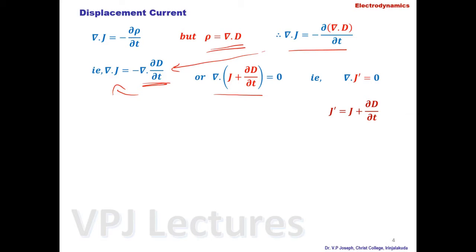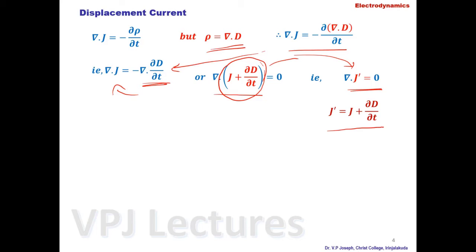And taking the terms inside the bracket as J dash, that is del dot J dash is equal to 0. So J dash is equal to J plus dou D by dou t.